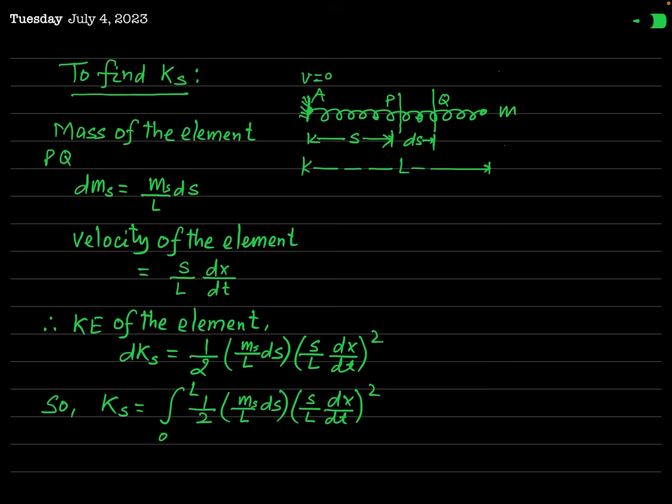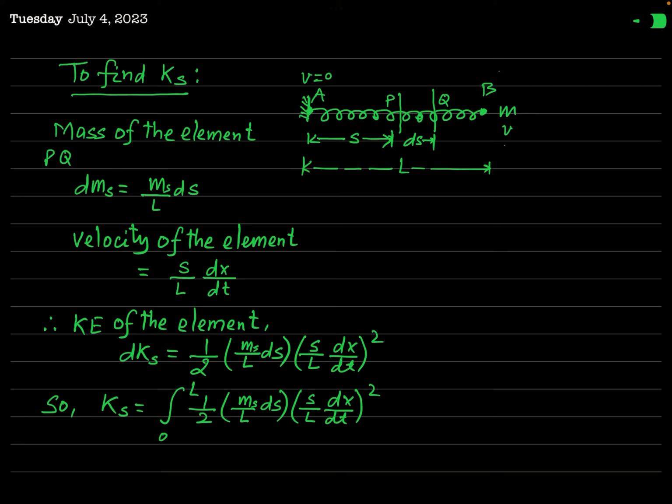And the other end of the spring, let us say at B, is connected to mass m, and mass m has acquired velocity v. So the velocity of the other end of this spring is v. It means the velocity of the spring is not constant throughout, but it increases from 0 to v.